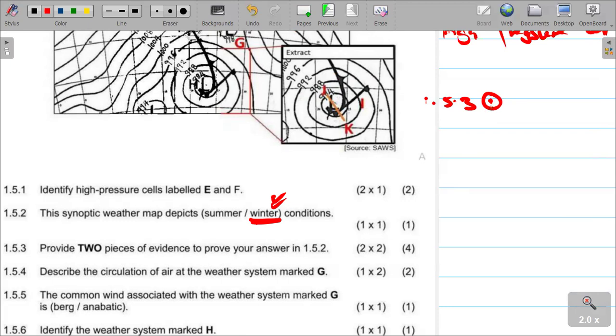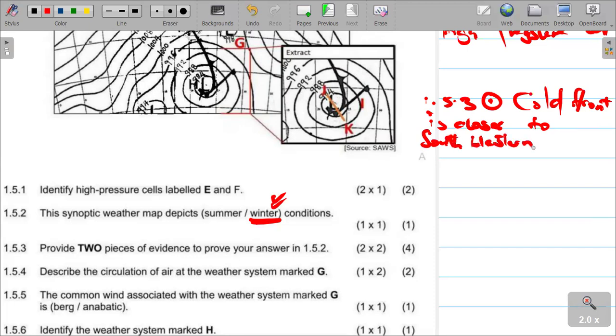One, the cold front is closer to the southwestern Cape, which we can see there. The cold front is closer to the southwestern Cape. That is one point there.